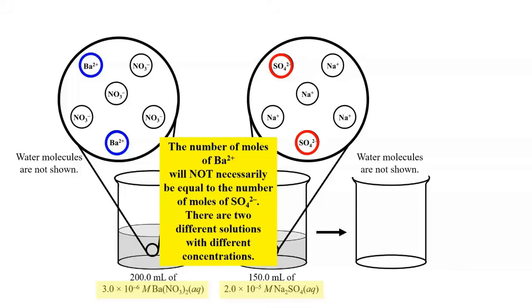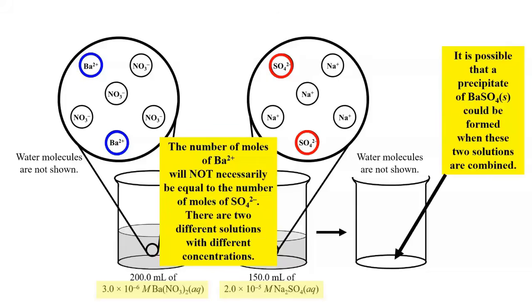They're not necessarily in a 1:1 ratio because they're coming from 2 different sources, and different solutions have different concentrations. So it is possible that a precipitate of barium sulfate could be formed when these 2 solutions are combined, but we won't know for sure until we calculate the value of Qsp and then compare the value of Qsp with the value of Ksp.